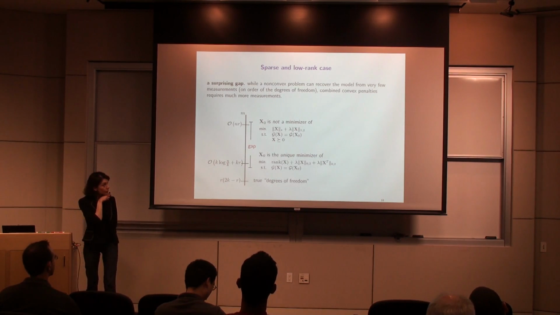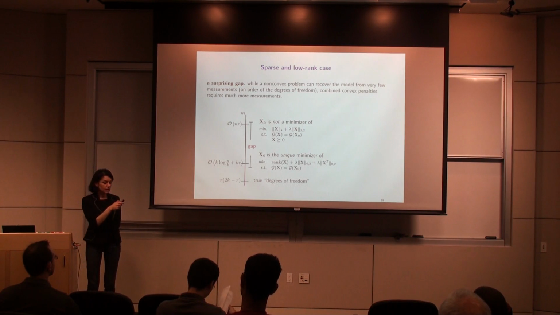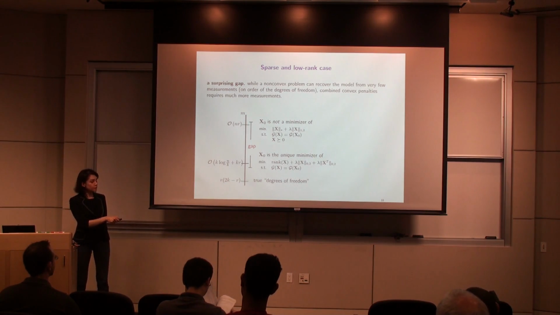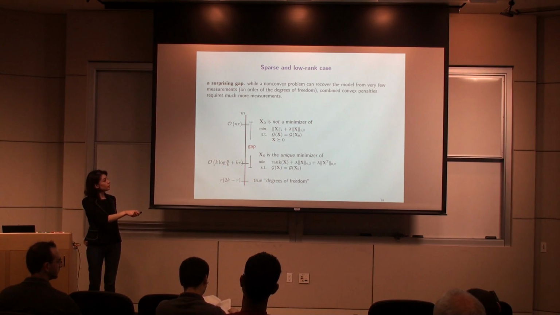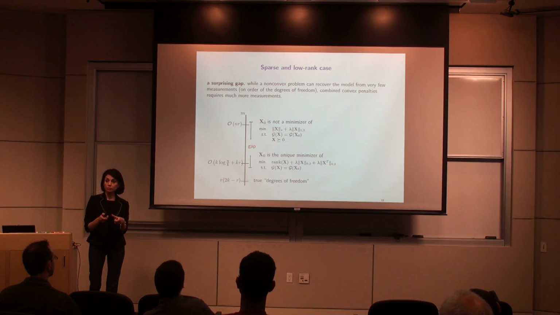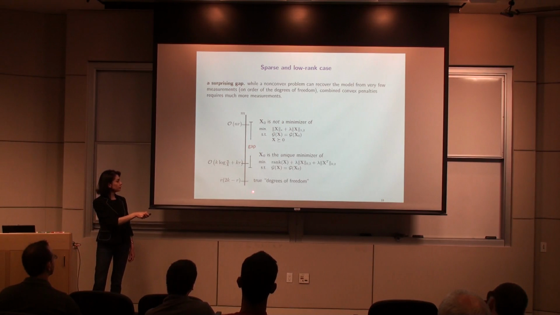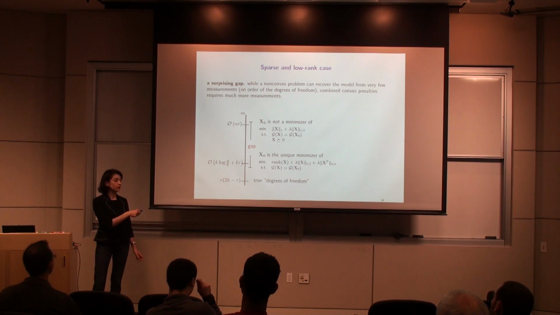So what does it mean, for example, in the case of sparse and low rank matrices? In this case, we can actually concretely put numbers. This axis shows how many measurements you need to recover an n by n matrix with a k by k subblock in it that has rank r. So what are the degrees of freedom? Degrees of freedom of such an object is r times 2k minus r, so it's on the order of k times r.